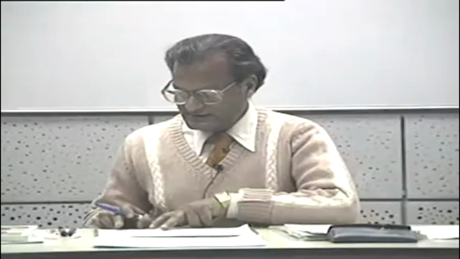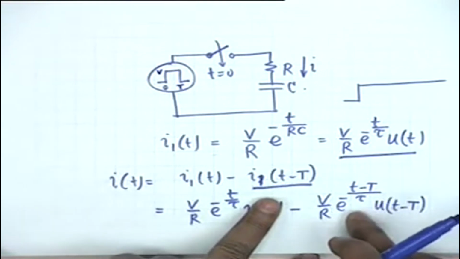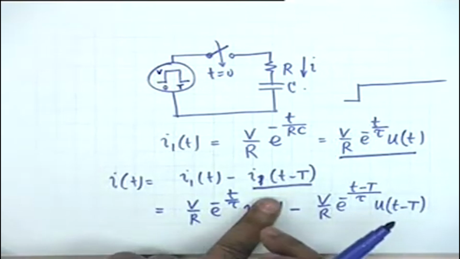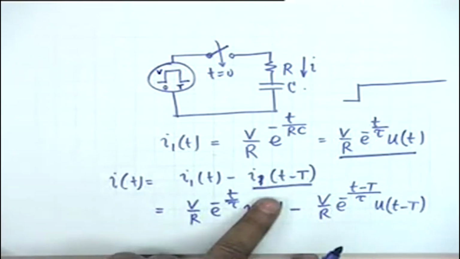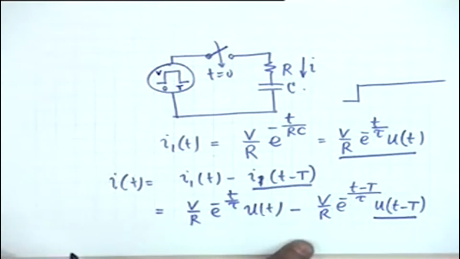I could not write without u(t minus capital T), because then the second term would have affected the response even for small t less than capital T. Isn't that right? And this is why I had to write t minus capital T. This function is unity only when small t is greater than or equal to capital T. Otherwise it is 0.